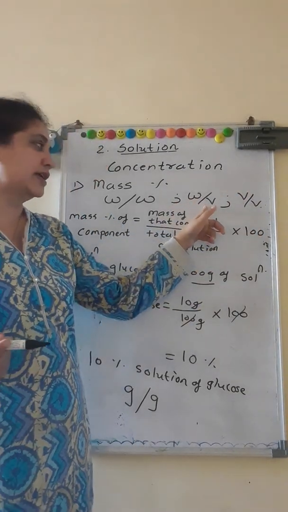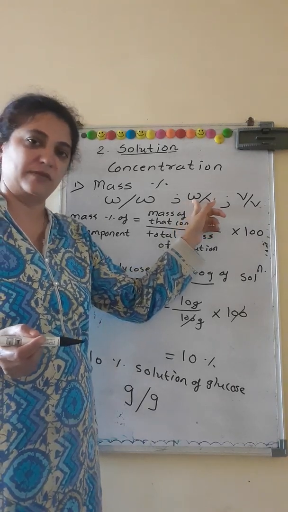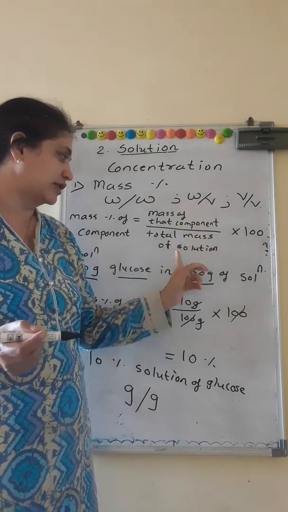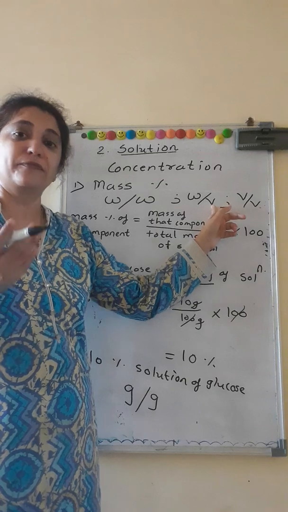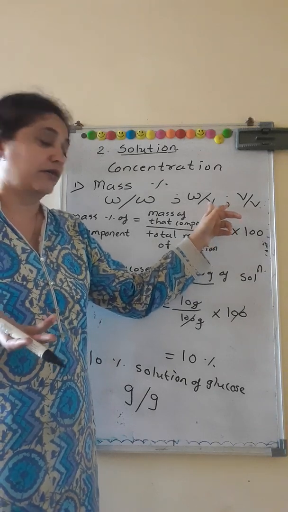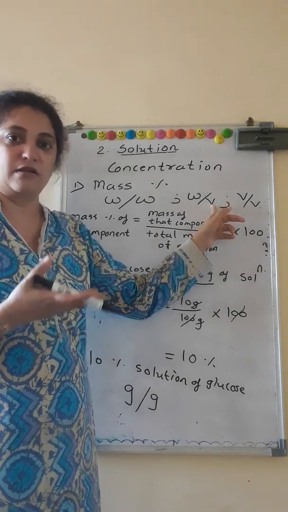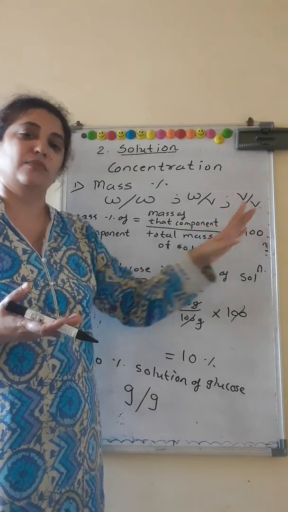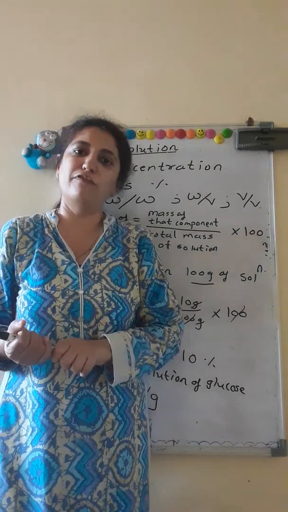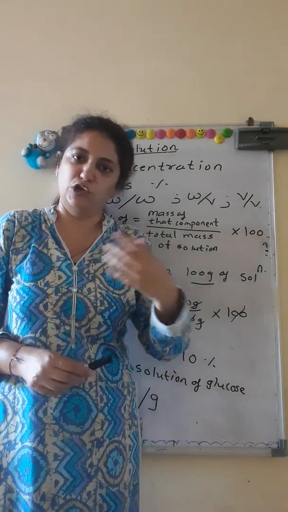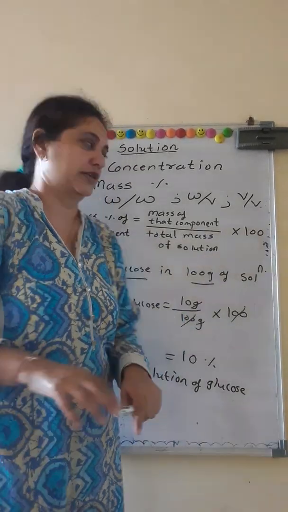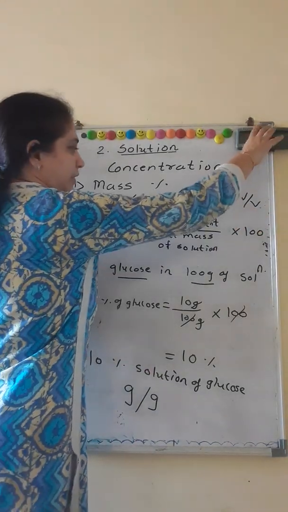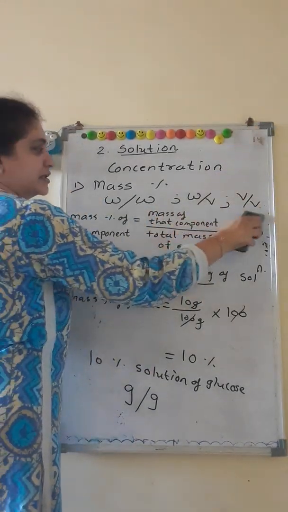Weight upon volume means solute is expressed in terms of weight and solution is expressed in terms of volume, that is ml, liter, etc. Volume by volume means solute and solvent both are expressed in terms of volume of the component. Volume of solute, volume of solvent or solution.